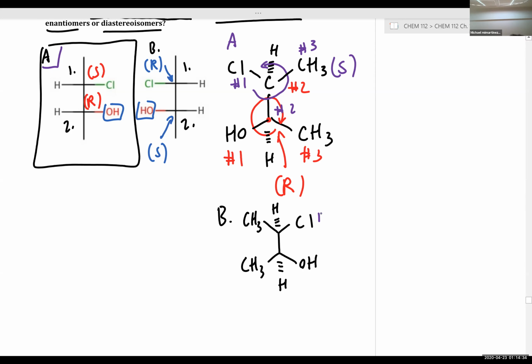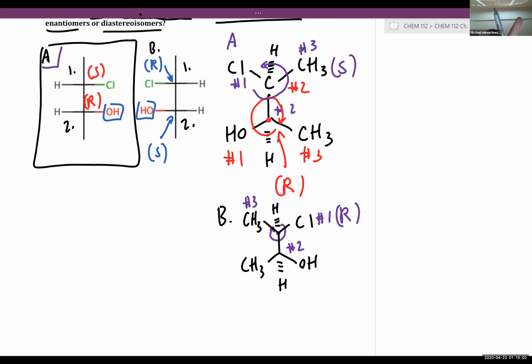Assigning priority, our chlorine gets priority 1. Our carbon attached to the alcohol is priority 2, and our methyl group is priority 3. So as we look to see, is our arrow moving clockwise or counterclockwise for carbon 1? Is carbon 1 R or S? Clockwise, ergo it's R.